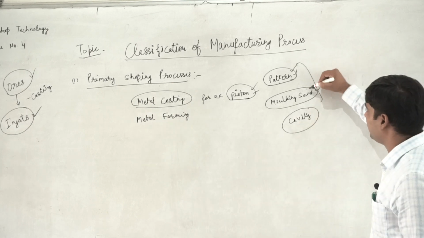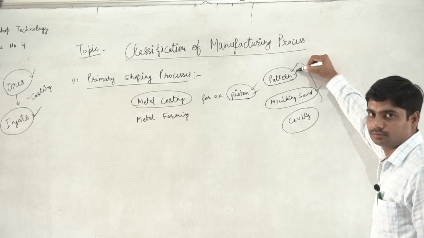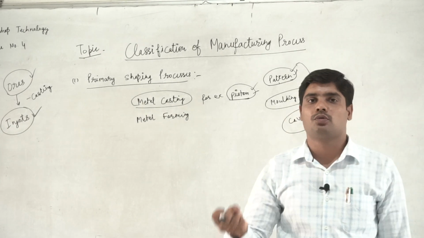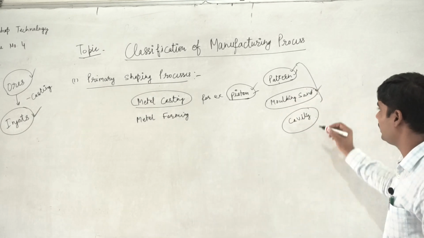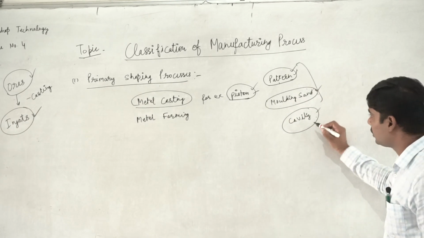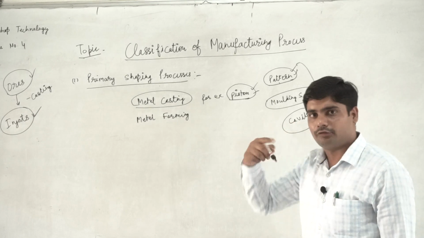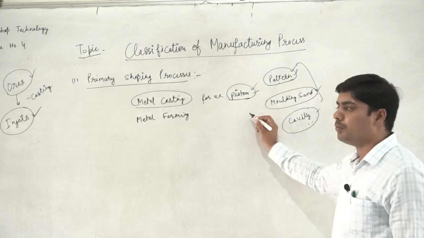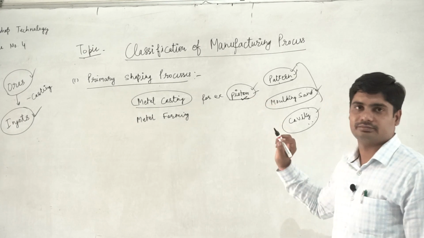We have created a cavity in the molding sand with the help of a pattern, and we have already removed that original masterpiece pattern, but now we have only a cavity, and now we will fill this cavity with the molten material from which the piston is needed.